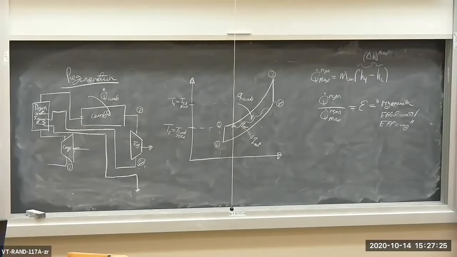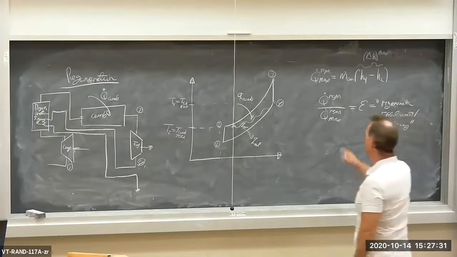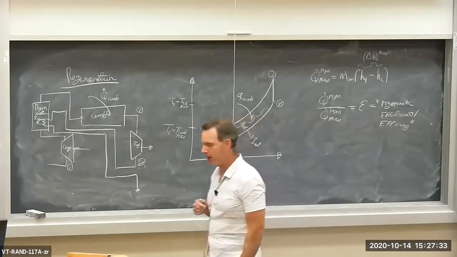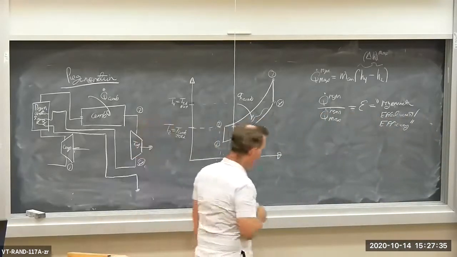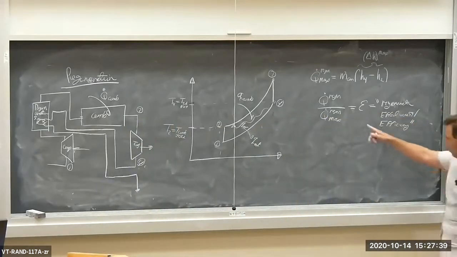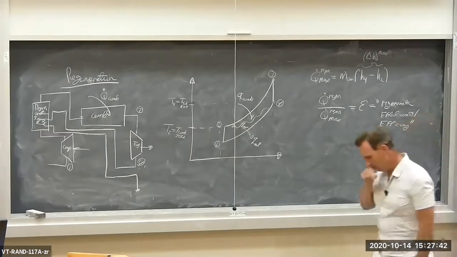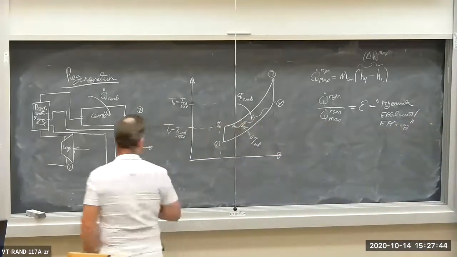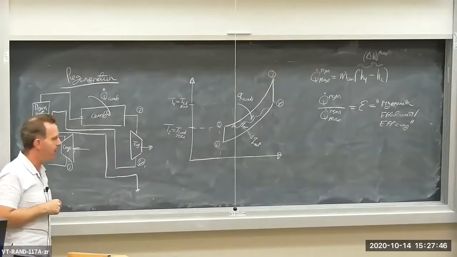Maybe. Okay, so the amount of regeneration that we get, compared to the maximum possible, is typically around 80%. And that ratio is defined as the regenerator efficiency or effectiveness.